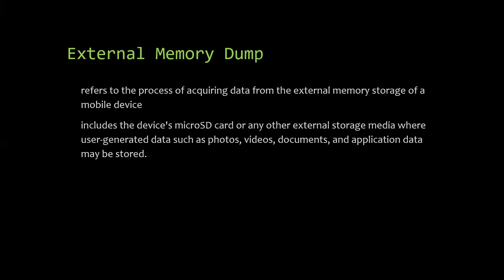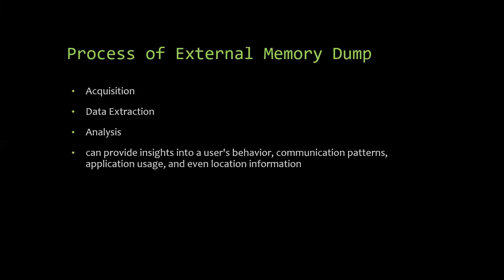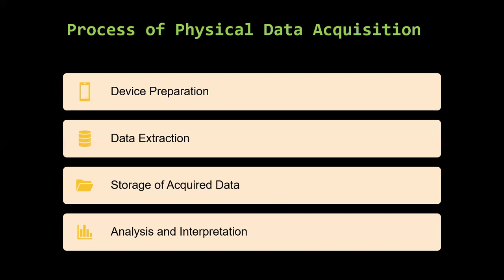We have a micro SD card that we put as additional storage in our mobile phone, which can store data like photos, videos, documents, and any other data pertaining to different applications or usage of the user. So this data can be retrieved from the memory card. This is known as an external memory dump. An external memory dump can be done by taking the memory card out of the phone and subjecting it to the process of acquisition or imaging, data extraction, and analysis, just like we would do with a normal storage device.